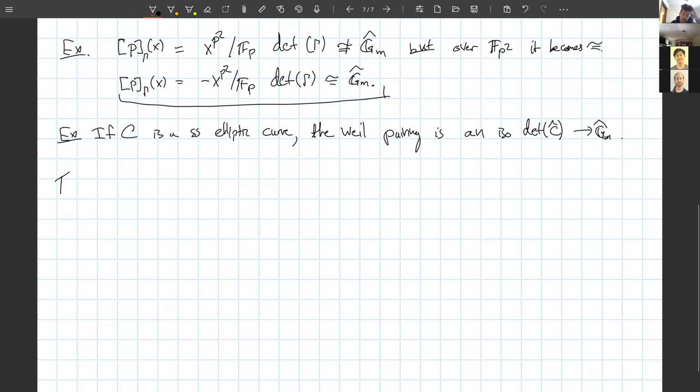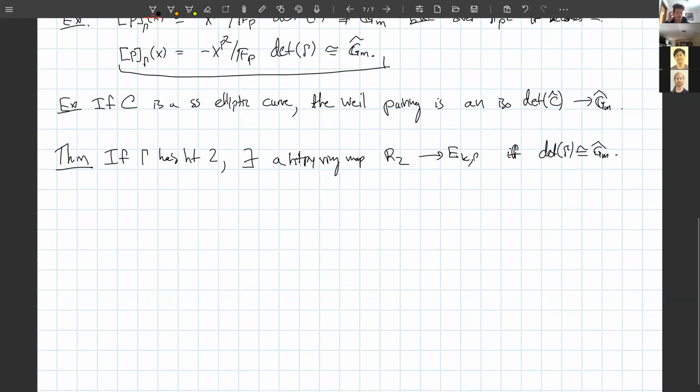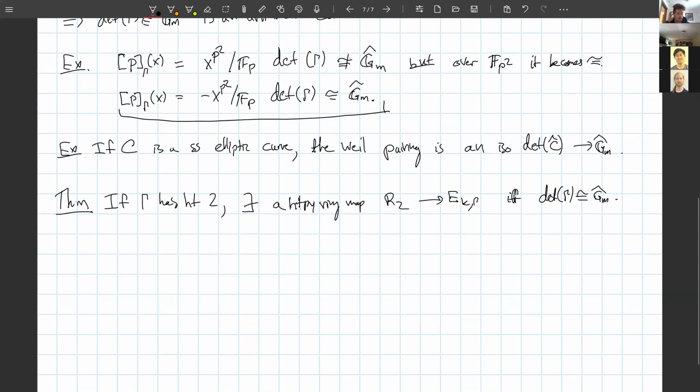In fact, we checked that in the height 2 case, if gamma has height 2, then there exists a homotopy ring map from R_2 to E_K(gamma) if and only if det gamma is isomorphic to G_m. Okay, now I'm going to state a theorem about elliptic E-theories.